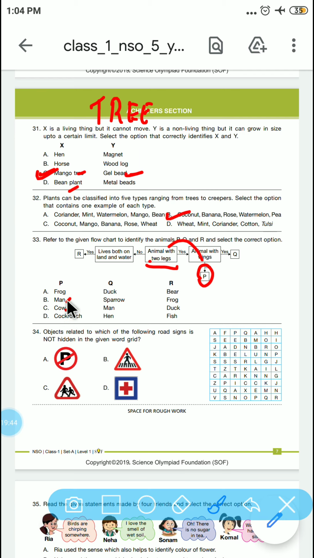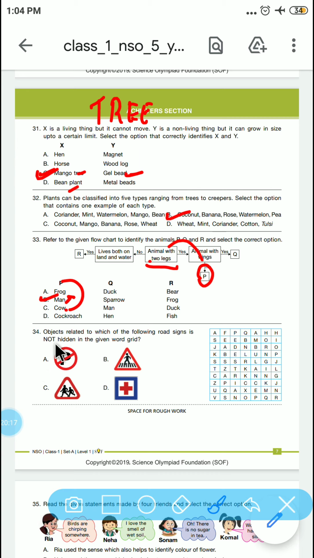Here we have man, the only option which matches P is option number B. So P can only be suitable for man, because man doesn't have wings but has two legs. This is enough for classifying the example, and we can skip distinguishing the other options here, and easily go with option B.